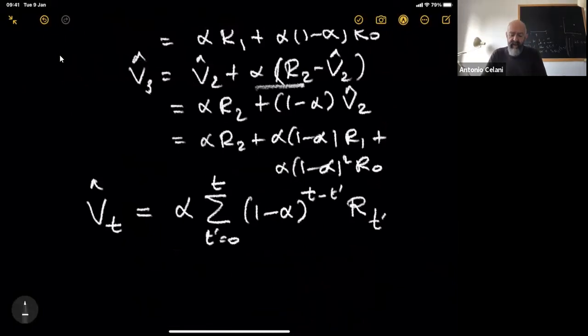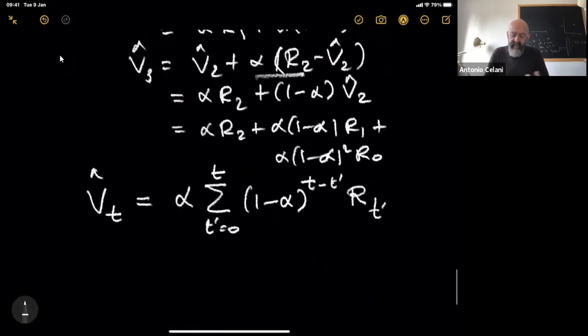So what is temporal difference doing here with fixed alpha? Well, it's just taking an exponentially weighted, geometrically weighted average, and it's weighted with recency. Okay, recent stuff has a larger weight.